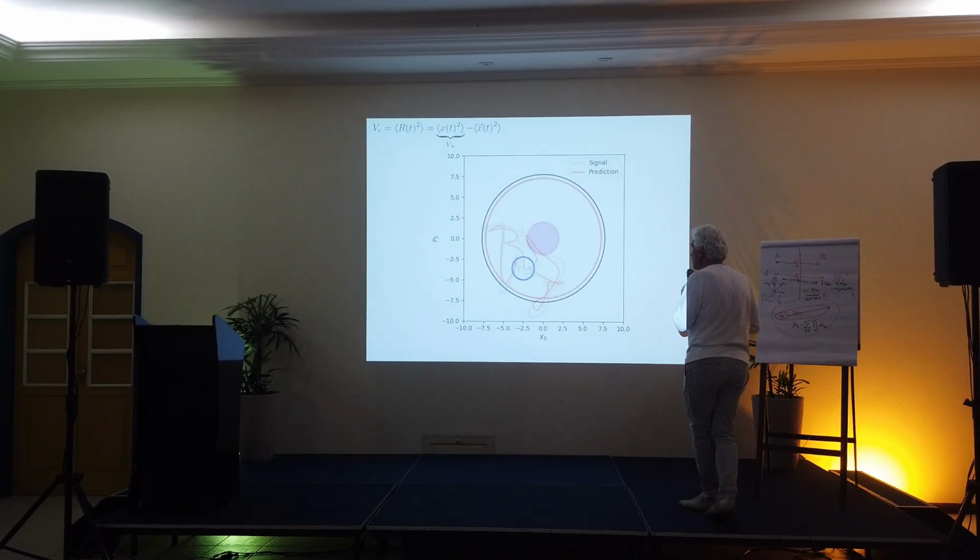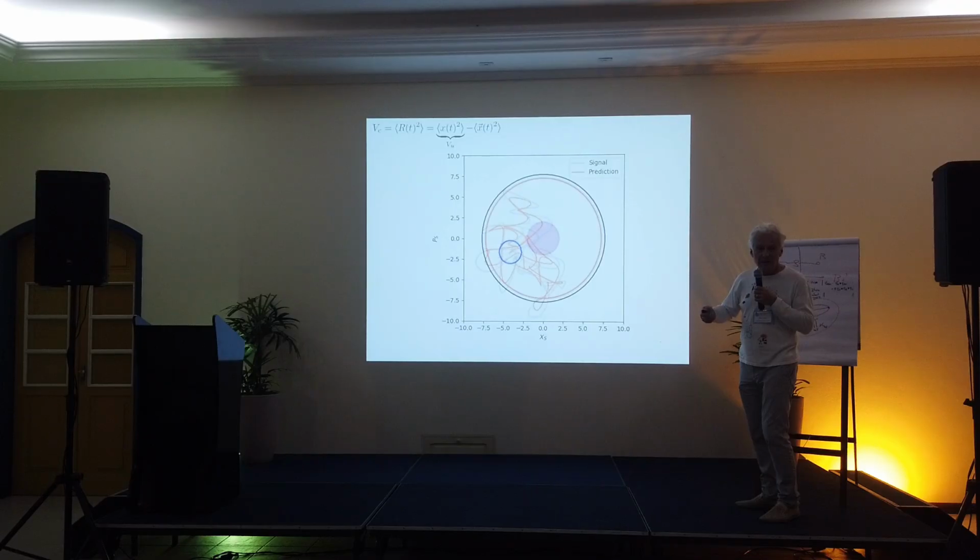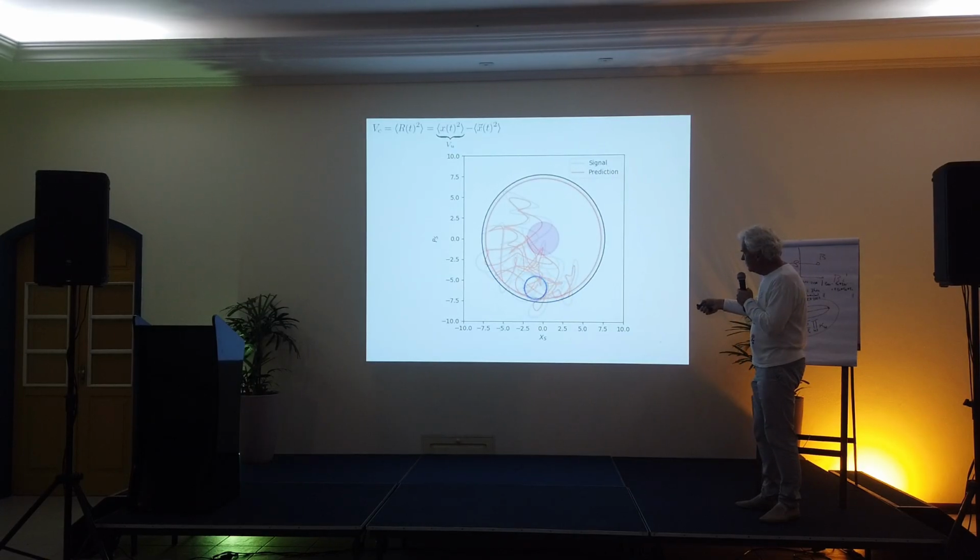What you are seeing is the prediction and retrodiction of this signal. And the key point here is that the prediction and retrodiction are close to each other. So the blue circle is the standard quantum limit.